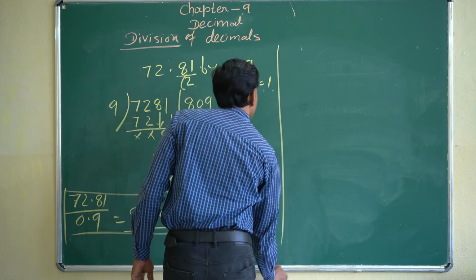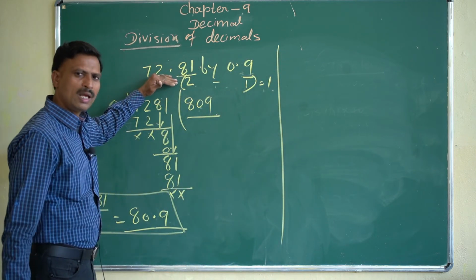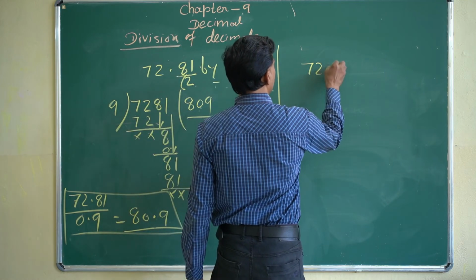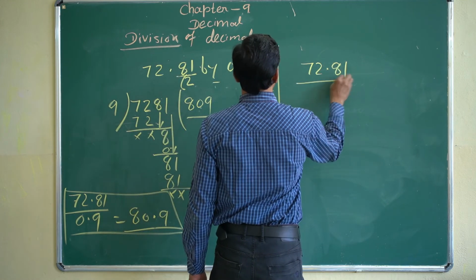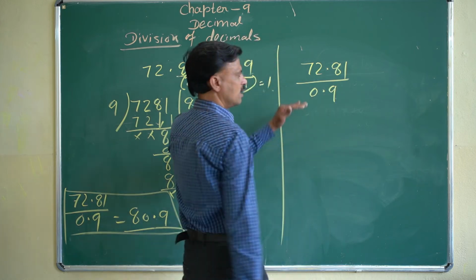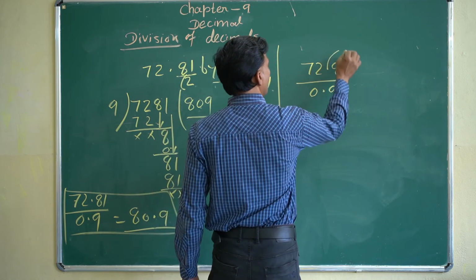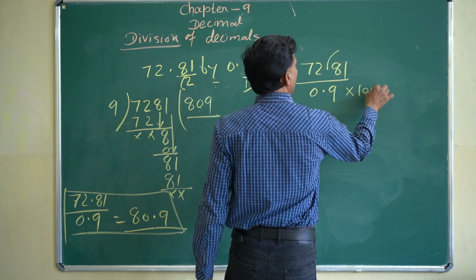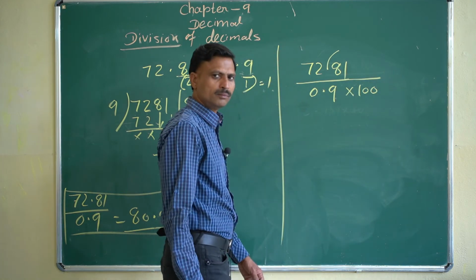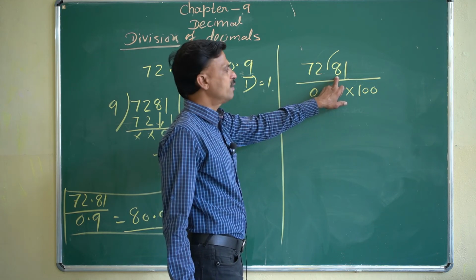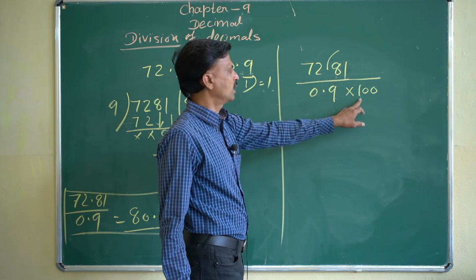Second method, if you don't like to solve like this, you can solve in this manner also. 72.81 divided by 0.9. This is only division, means this divided by this. So what you have to do, you have to remove the decimal. 100 will come in the denominator, because in the numerator we are removing the decimal, and after the decimal there are 2 digits, so 100 will come.